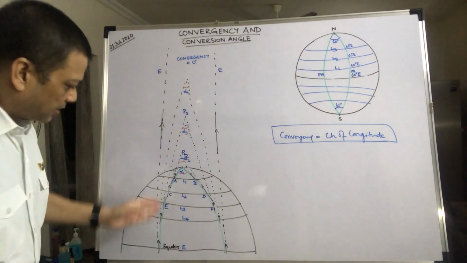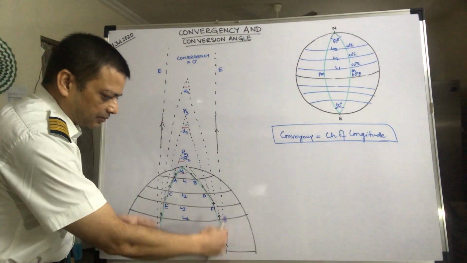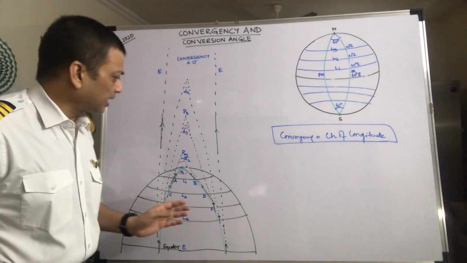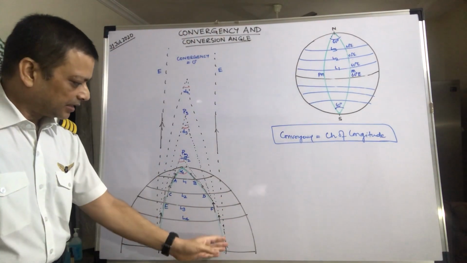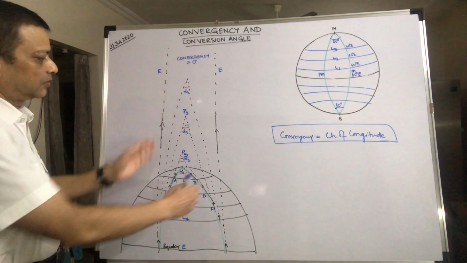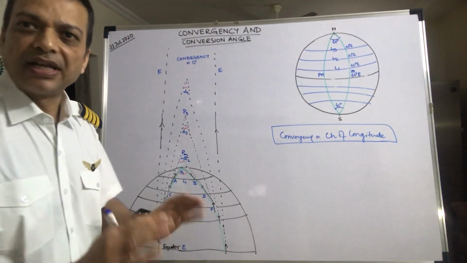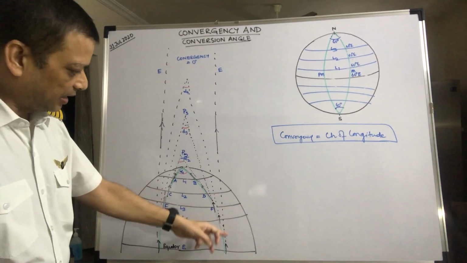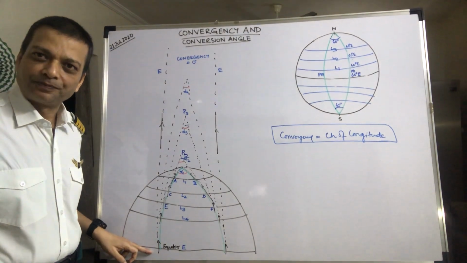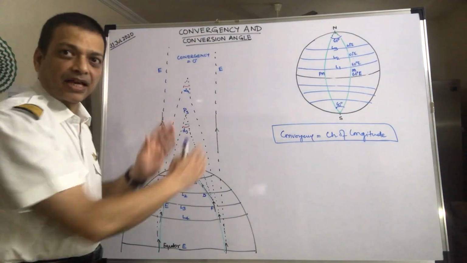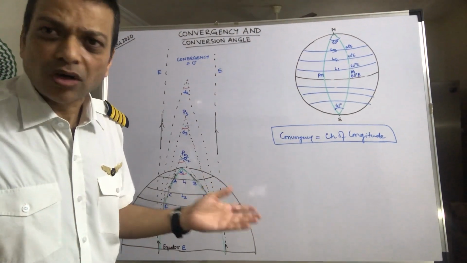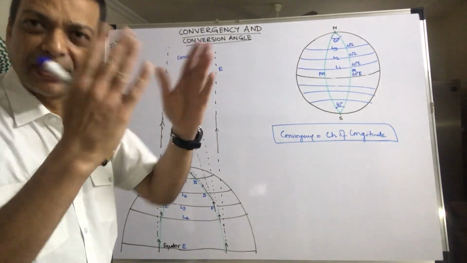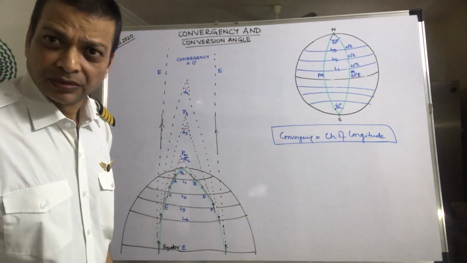And if you draw the tangents at the equator, they are never going to meet at any particular point, as they are parallel lines and will never meet. Therefore, the convergency at the equator is 0, because both these lines are parallel and they are not going to meet at any place.